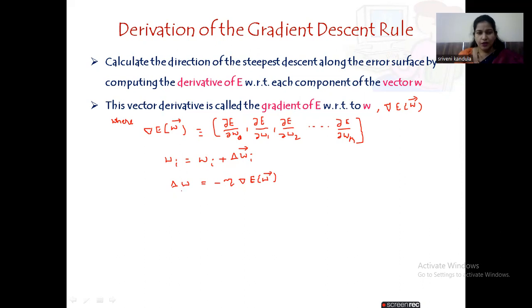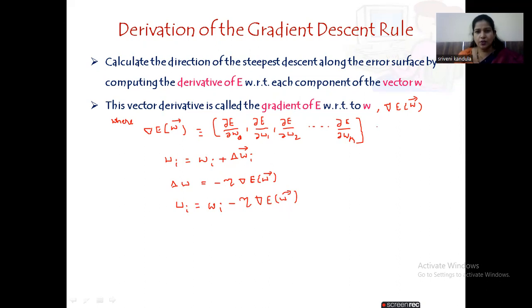Now, if we substitute this back in the original formula and generalize, we can write Wi as Wi minus eta ∇E(W). Once again, what is this ∇E(W)?